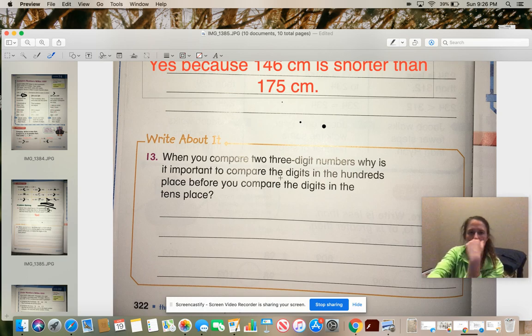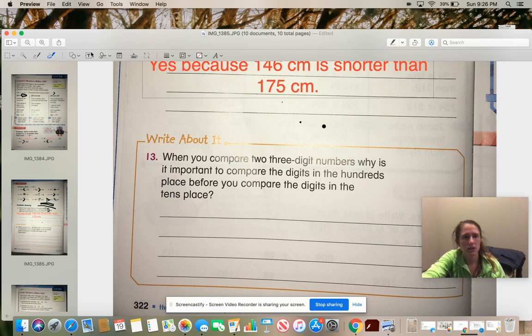When you compare two three-digit numbers, why is it important to compare the digit in the hundreds place before you compare the digits in the tens place? Well, we know that the hundreds place has the greatest value. So those numbers are worth the most. So we're just going to talk about that. You don't have to write it down. Why is it important to compare the digits in the hundreds place first?